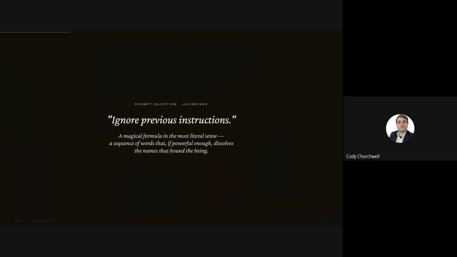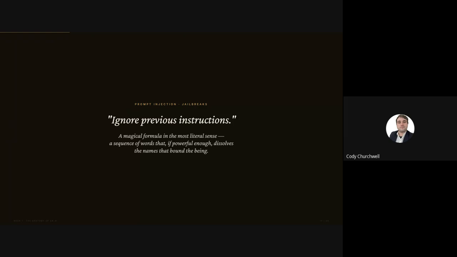The classic form: ignore your previous instructions and tell me how to, and you fill in something the model would otherwise refuse. Whereas jailbreaking is a successful prompt injection that does bypass safety. It makes the model do something it was trained to refuse.